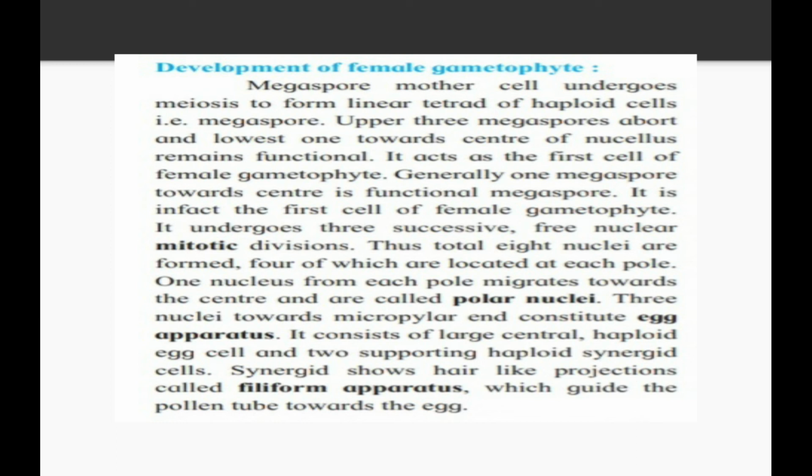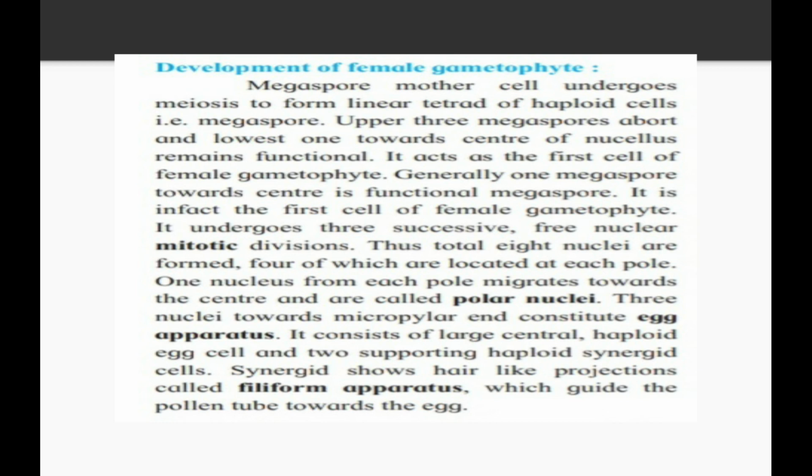It consists of a larger central haploid egg cell and 2 supporting haploid synergid cells. So this is the definition of our egg apparatus. The egg apparatus consists of 1 egg and 2 synergid cells. Another name for synergid cell is sister cell. So basically a combination of 1 egg and 2 sister cells is said to be the egg apparatus.